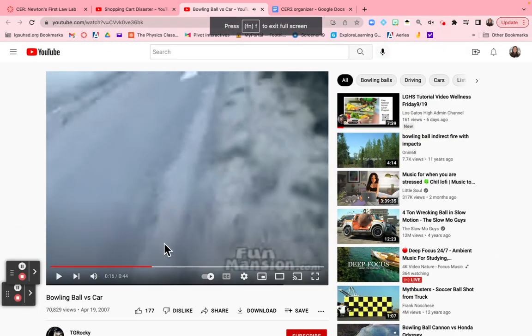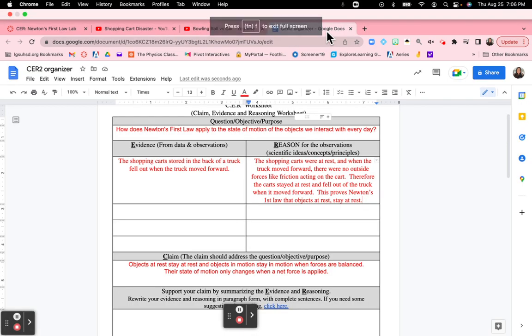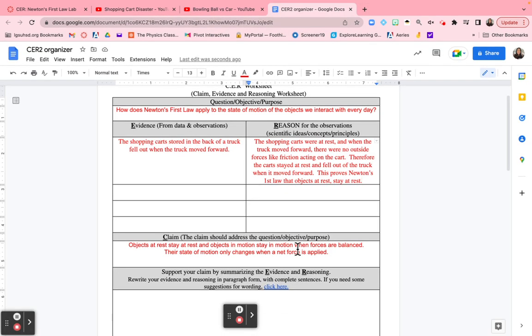Okay, so for this video, we want to look at our claim and say, what observation can we make that relates to this claim? Well, there were a lot of objects in motion, the car and the bowling ball, so we can relate it to objects in motion stay in motion. So let's think about how we would want to word our evidence to make sure it connects back to our reasoning. So let's think about what we observed.